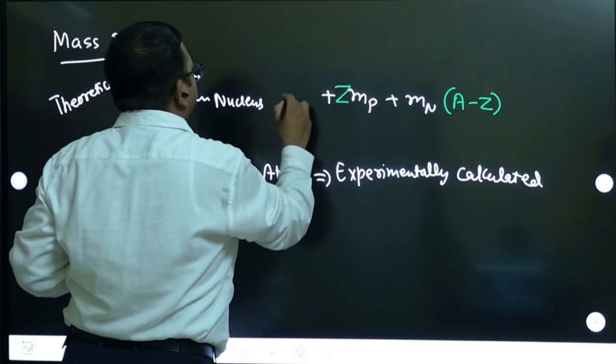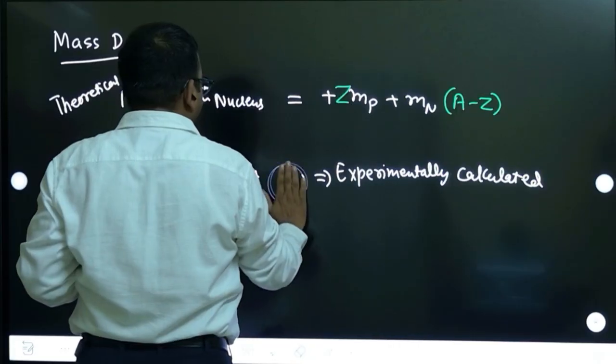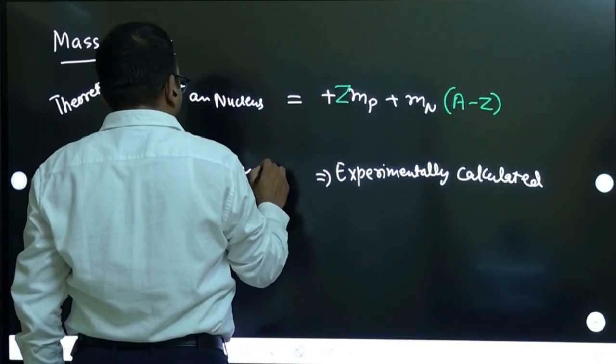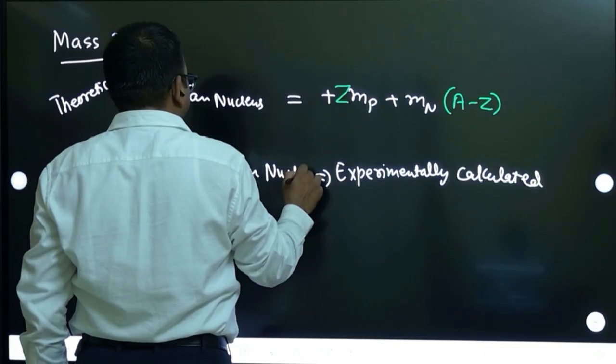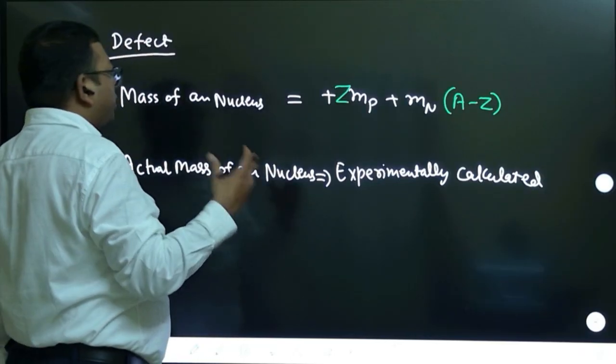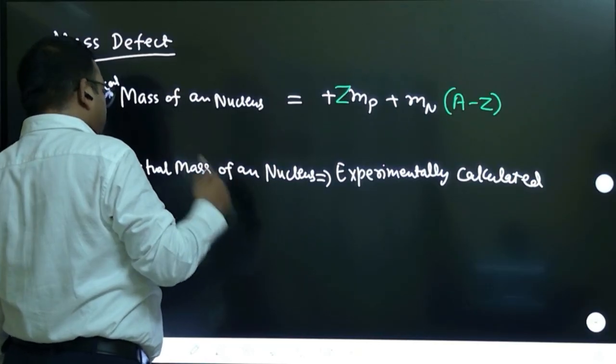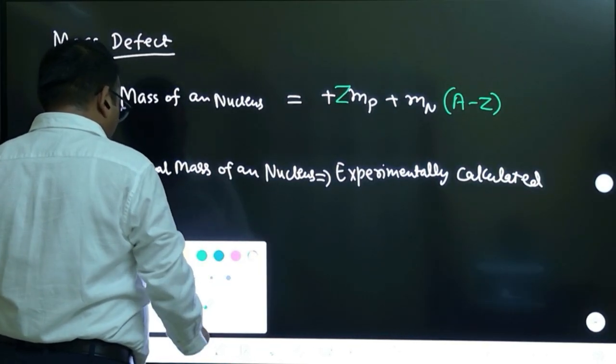Here I am talking about the mass of the nucleus because the electron is anyway outside. So the mass of the nucleus, if you actually calculate, this is the mass of the nucleus. Experimentally measured will be this. So the difference is delta m.